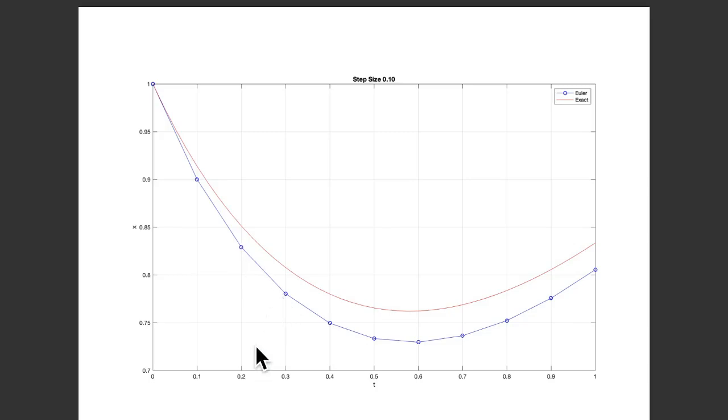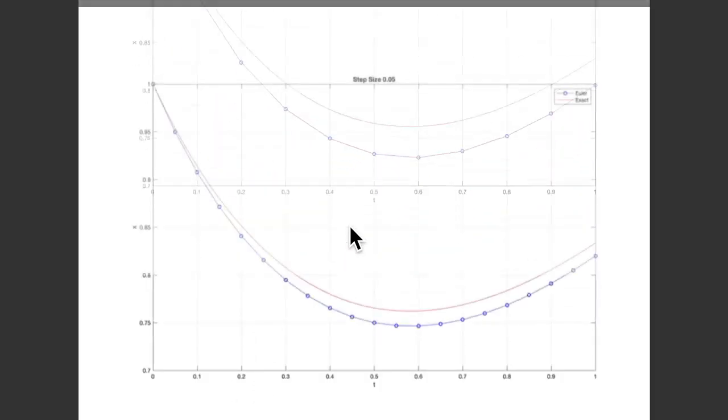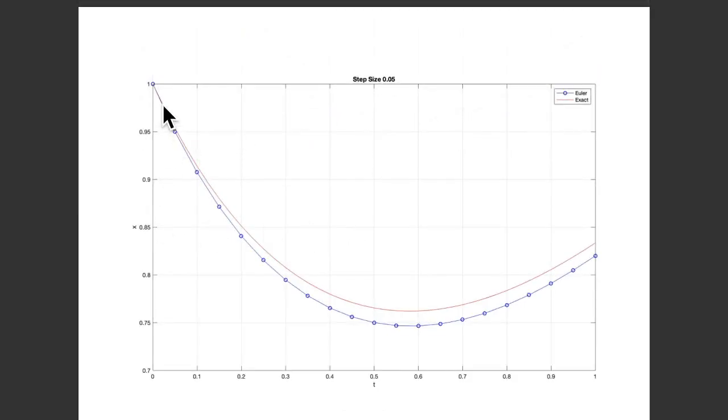Instead of using a step size of 0.1, I'm going to use a step size of half that, 0.05. And here you see the Euler's solution in blue is now more closely approximating the exact solution in red. And by decreasing the step size even further, you could get a more accurate solution.